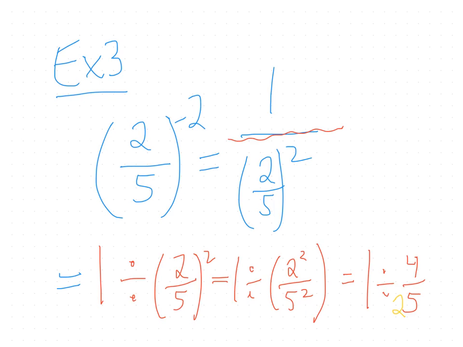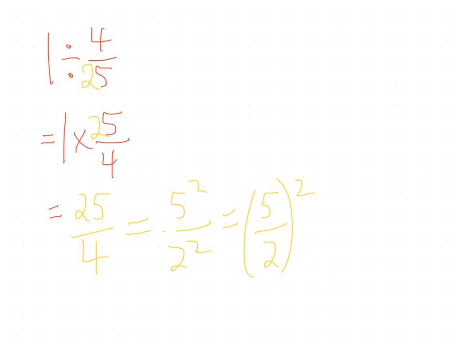When you have a base that's a fraction, and the exponent is negative, you see from the course of all this work that you write 2 over 5 to the negative 2 as 1 over 2 over 5 to the positive 2, which ends up becoming a division of fractions where we multiply by the reciprocal.